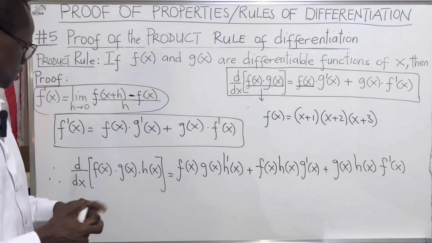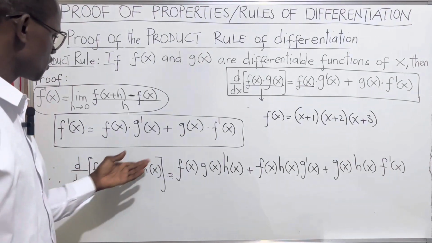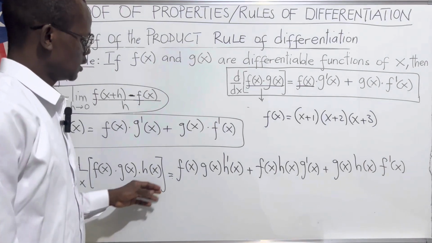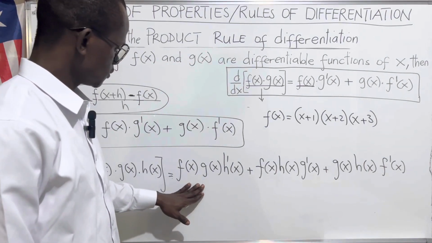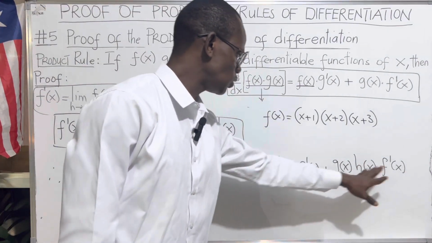So you see that? If you have three functions, there will be three factors in each term and there will be three terms.